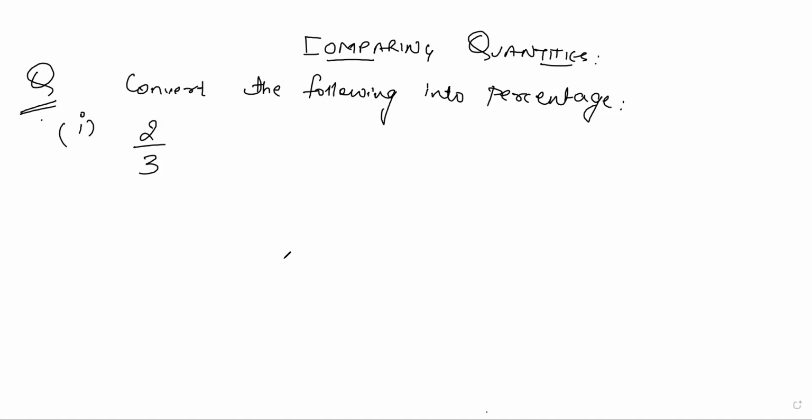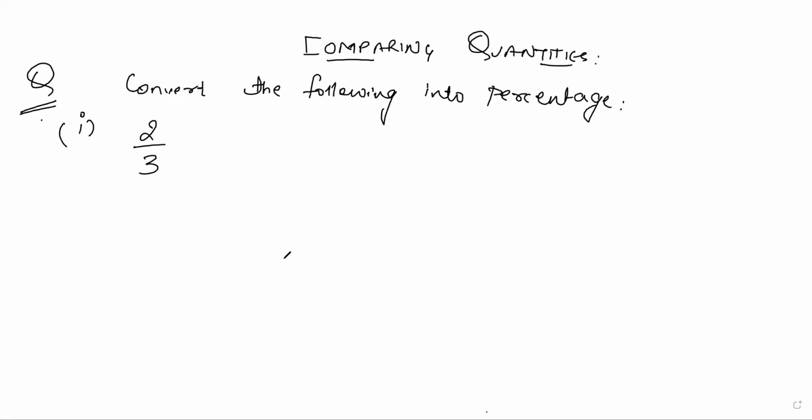2 multiplied by 100 is what? Unmute yourself and tell me what is 2 multiplied by 100. 200 by 3. Right. It's 200 by 3. So what will you divide it with? It's already being divided by 3, right, Aisha?